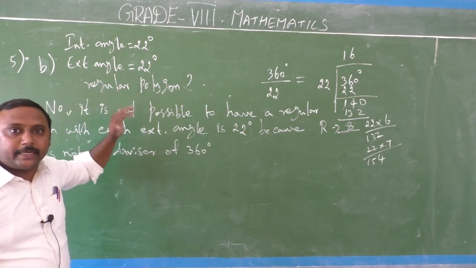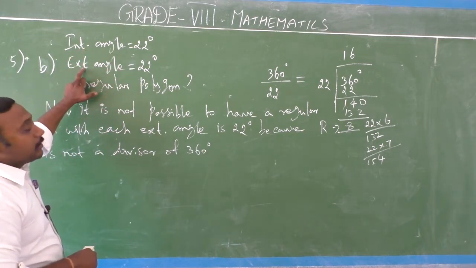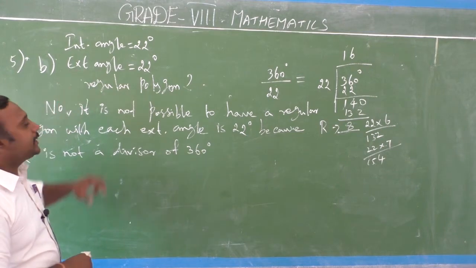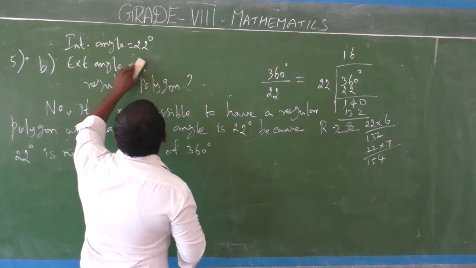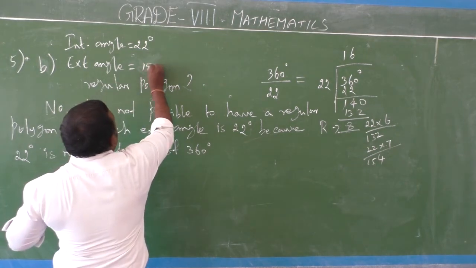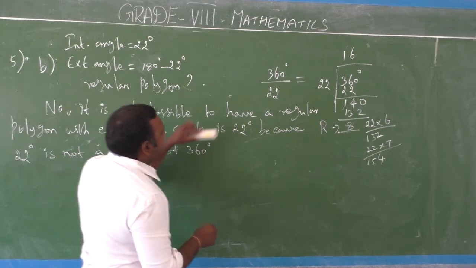Now we have to find the exterior angle first. The exterior angle is equal to 180 degrees minus the interior angle.